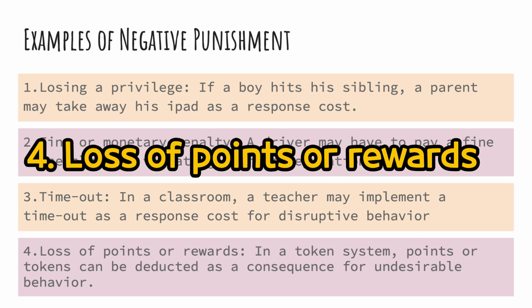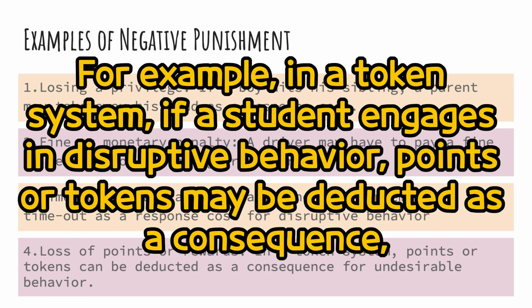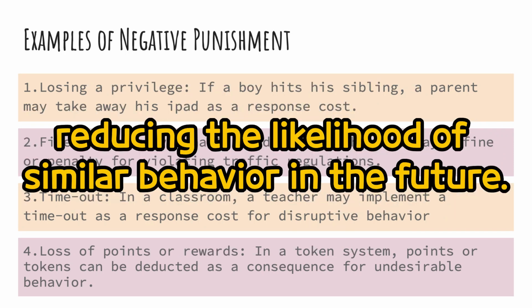In systems where students earn points or tokens for good behavior, negative punishment can be applied by deducting points or tokens for undesirable behavior. For example, in a token system, if a student engages in disruptive behavior, points or tokens may be deducted as a consequence, reducing the likelihood of similar behavior in the future.